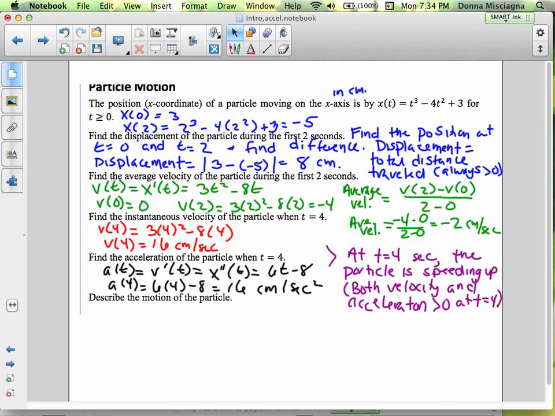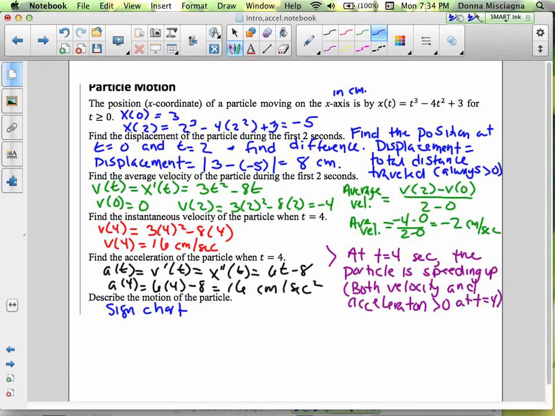So let's do that. To do that, we need to create a sign chart. I've written in every color, so let's go back to blue. I like to keep the colors separated. Let's create a sign chart.